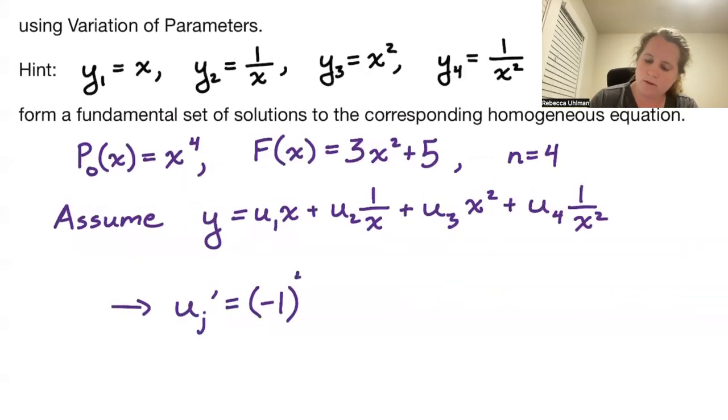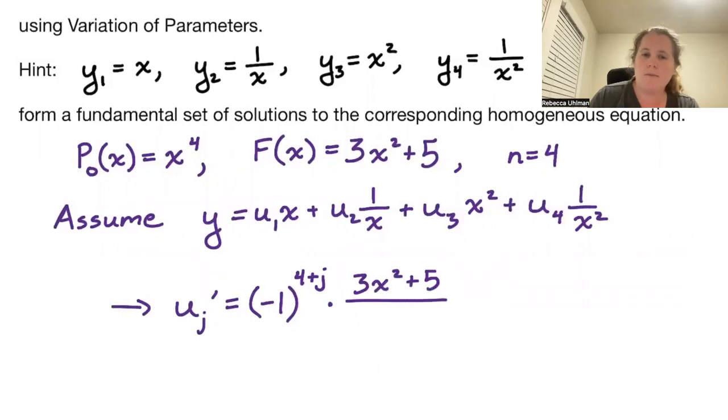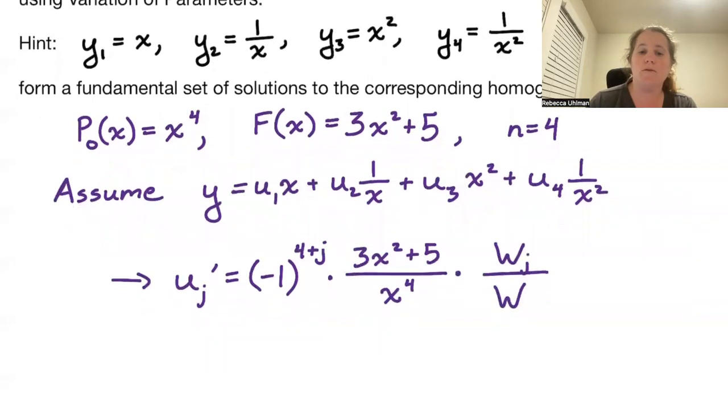So (-1) to the 4 plus j times f of x, which was 3x squared plus 5, divided by P0, so divided by x to the fourth, and then times wj over w. So our job is to find those w and wj.